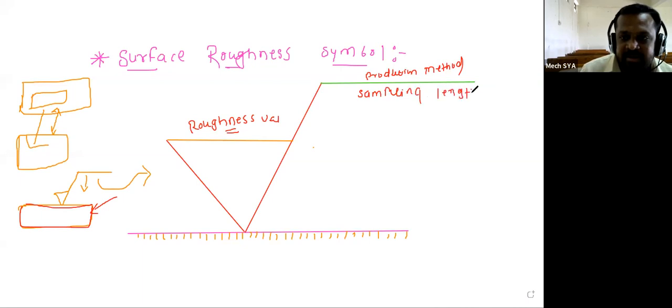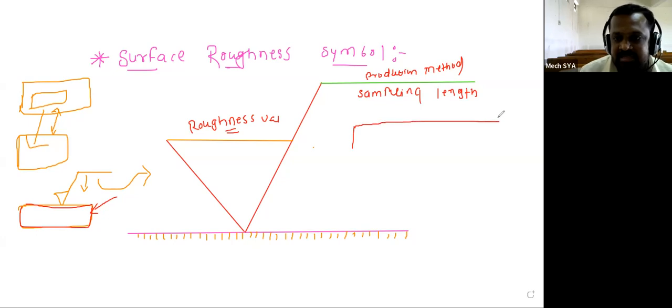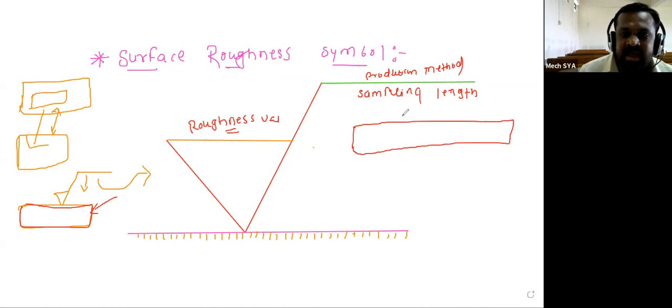Then what is meant by the sampling length? Suppose we have one very long component like this, and the total length of this component is 50 centimeters.